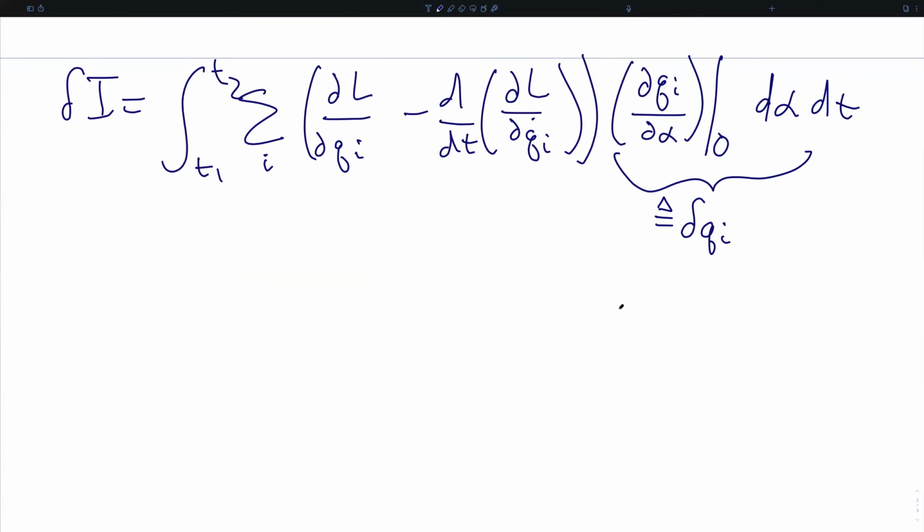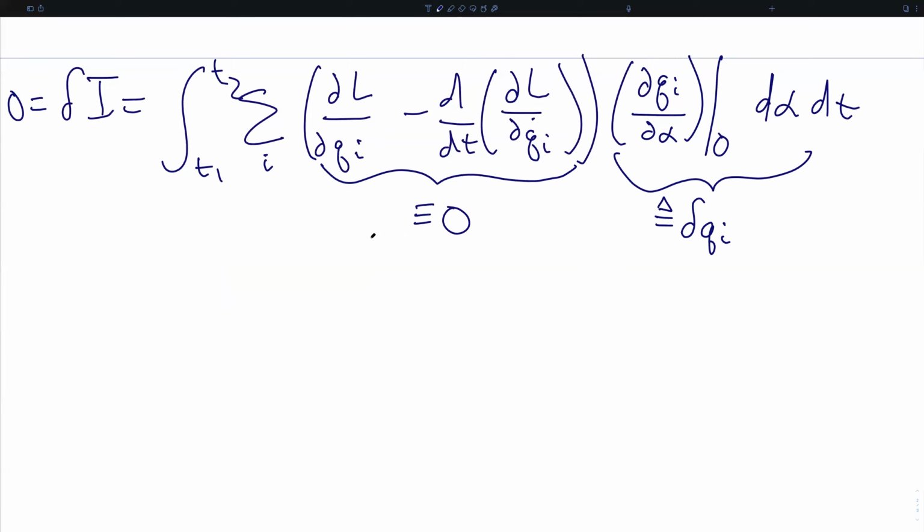Now, by the fundamental lemma of the calculus of variations, we require that in order for this whole expression to be 0, the coefficients of every one of these delta qi's has to individually go to 0. That is, we need every one of the terms in the summation to be identically 0.